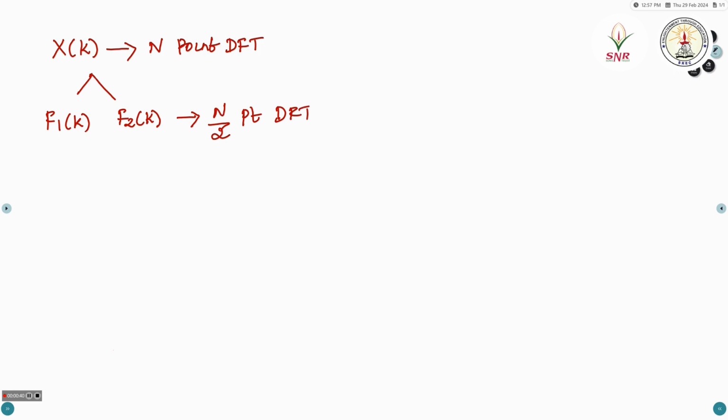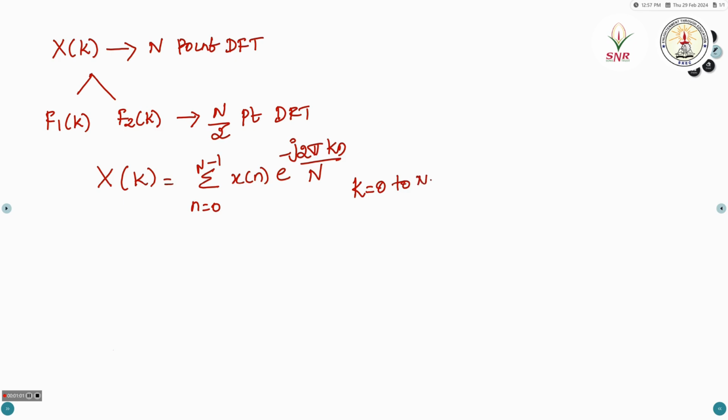So now we can derive the components. By using the formula, we know X(k) is equal to summation n equals 0 to N minus 1 of x(n) e^(-j2πkn/N), where k varies from 0 to N minus 1.